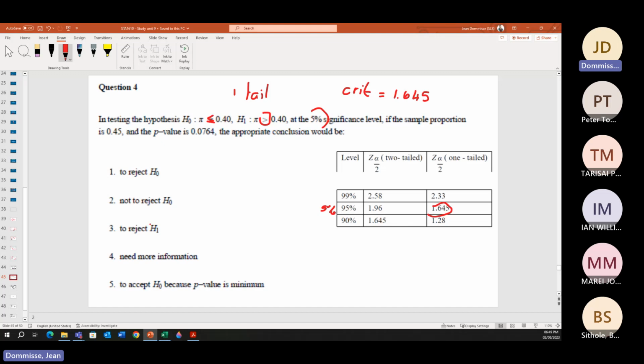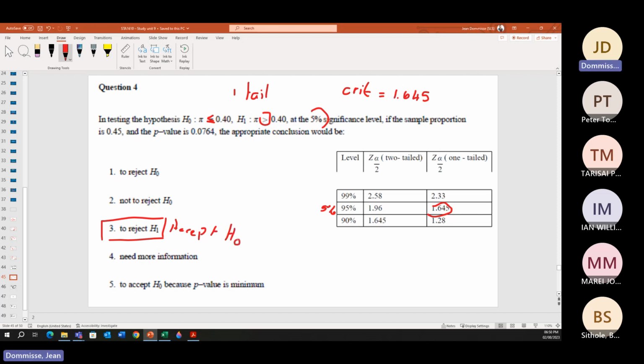So again, here they, to reject H0, not to reject H0, to reject H1, to reject H1 is the same as to say accept alternative.